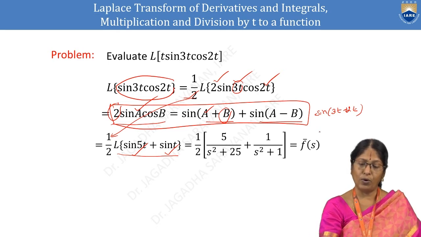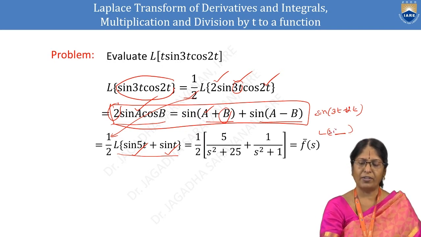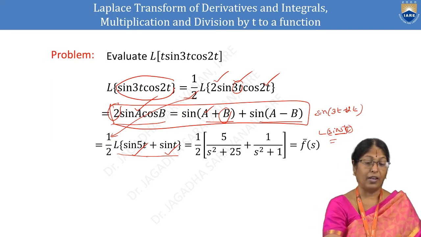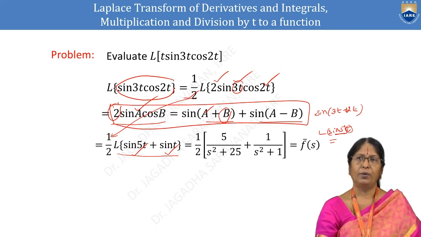If it is L of only one trigonometric term, sine 5t, the formula is available. But L of two terms is not directly available. Then we take help from the linearity property.